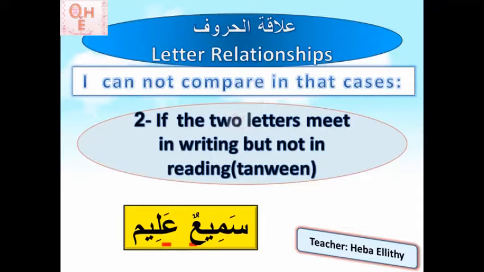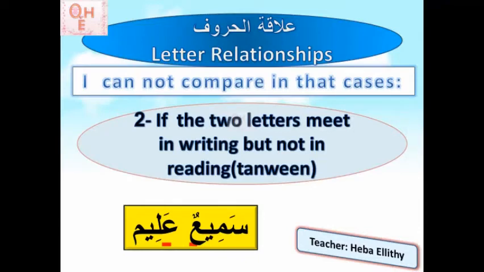So my other question for you, can I compare between the tanween and this ayn? Yes, you can compare between that noon of tanween and that ayn. But I can't compare between this ayn and that ayn. If I say غفور رحيم, I can't compare between the ra of غفور and the ra of رحيم.